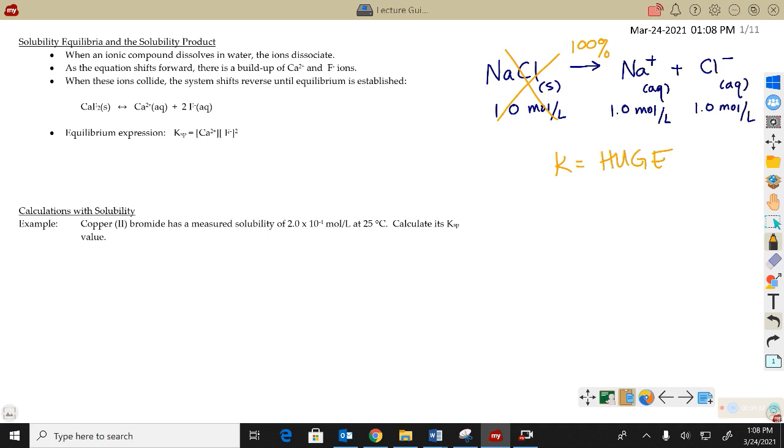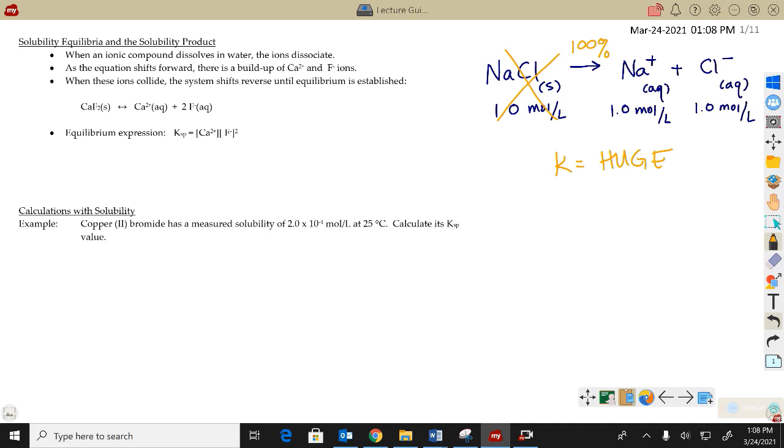So if I did have 1 mole of calcium fluoride, if it's a solid that's only slightly soluble, it might not give me 1 mole of calcium and 2 moles of fluoride. Not if it doesn't dissociate 100%.